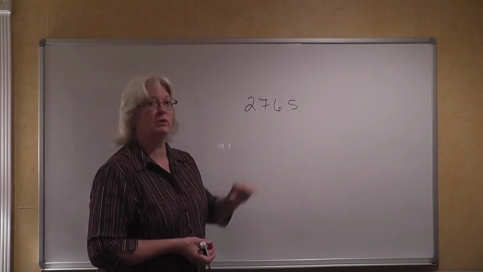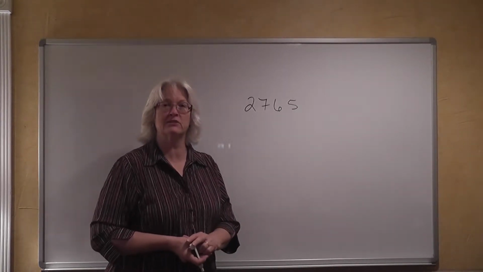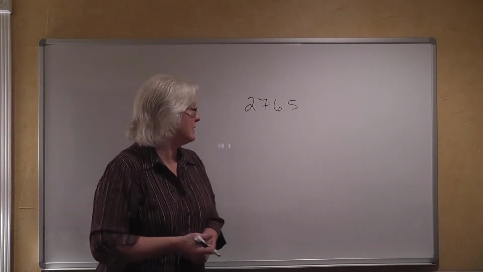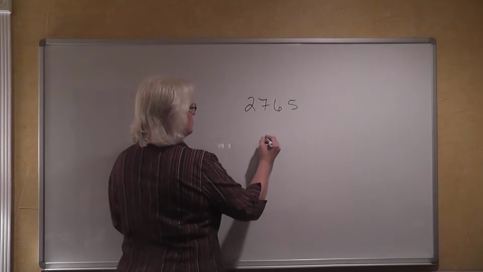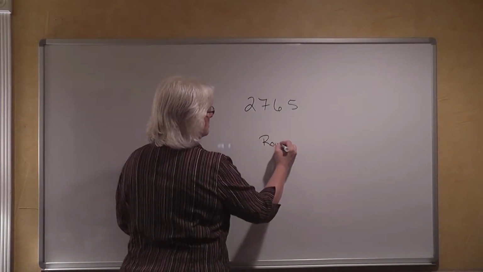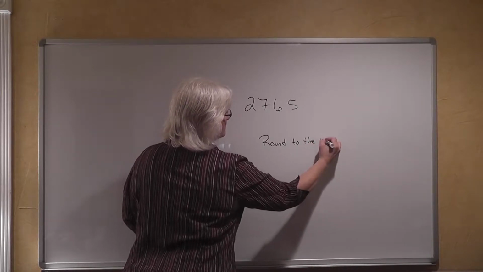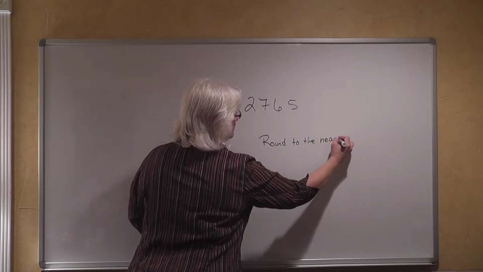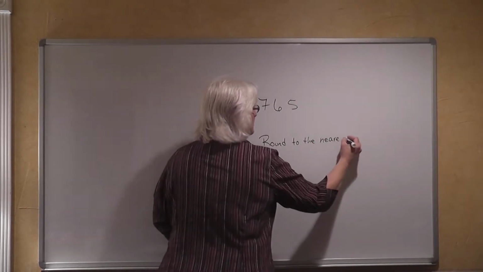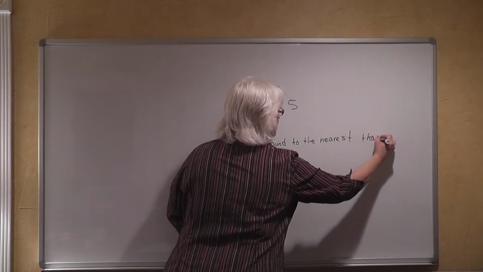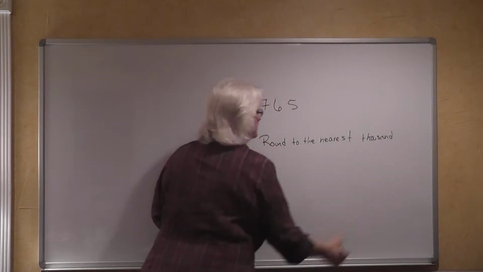But we have this number here, which is 2,765. And let's say that we have a question where we're being asked to round to the nearest 100. And I'm going to show you that second. I'm going to say round to the nearest 1,000.